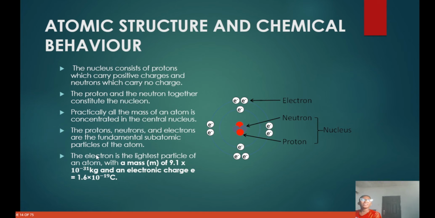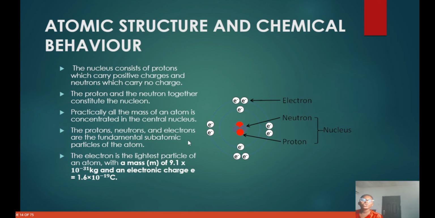The electron is the lightest particle of an atom, with a mass of 9.1 times 10 to the minus 31 kg, and an electronic charge e of 1.6 times 10 to the minus 19 coulomb. The charge of the electron and the charge of the proton are the same. The only difference is that the proton is positively charged and the electron is negatively charged.